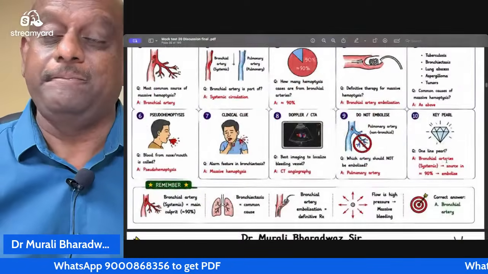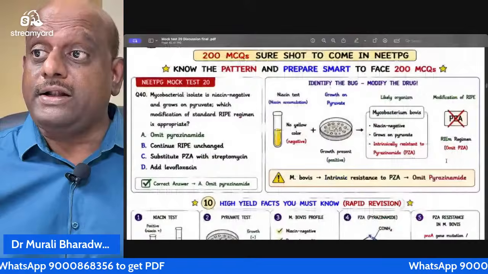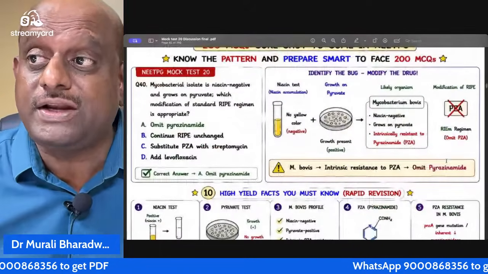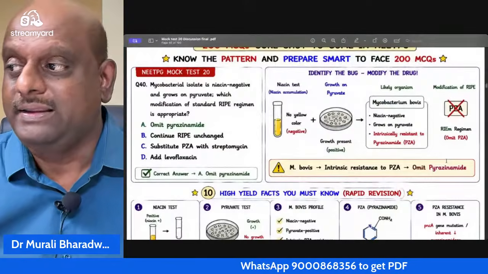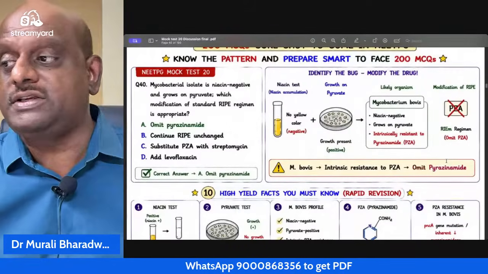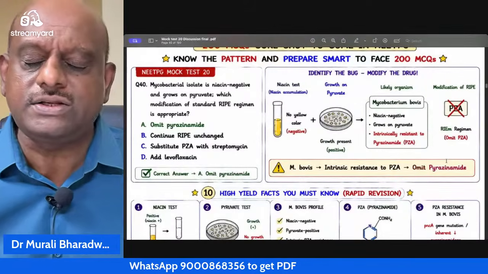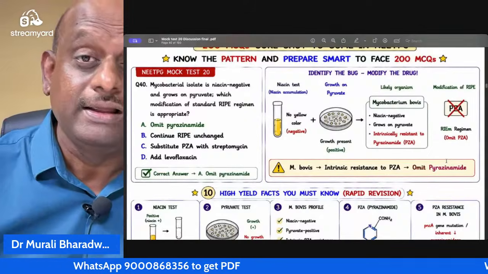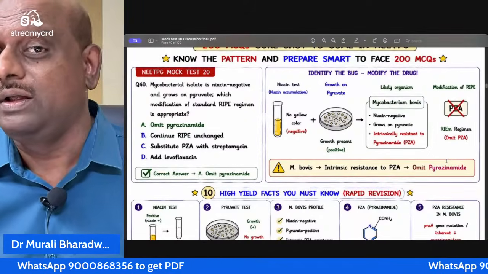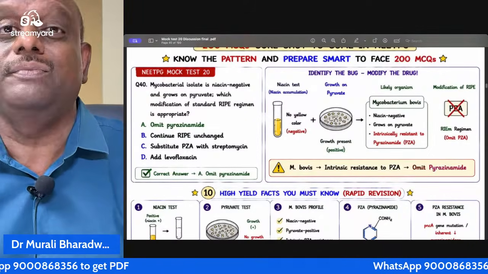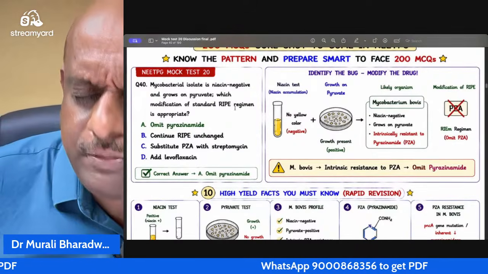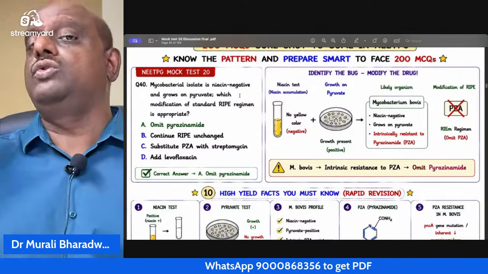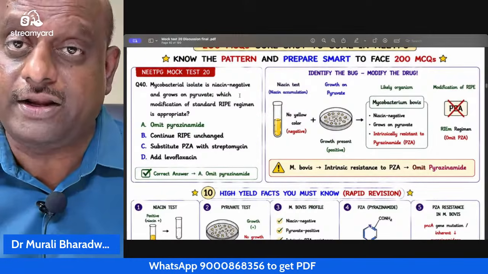If a mycobacterial isolate is niacin negative and grows on pyruvate, then it is Mycobacterium bovis, which has an intrinsic resistance to pyrazinamide. So you need to remove the pyrazinamide from the rifampicin, isoniazid, pyrazinamide, ethambutol regime if it is Mycobacterium bovis.